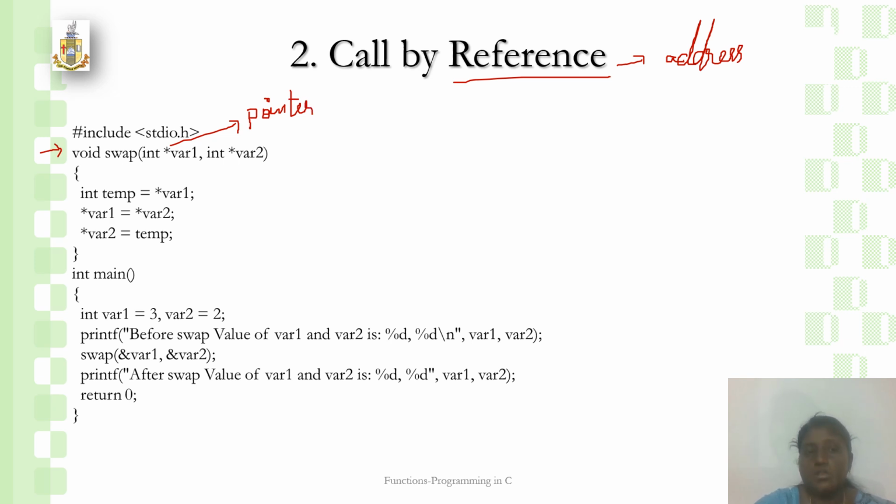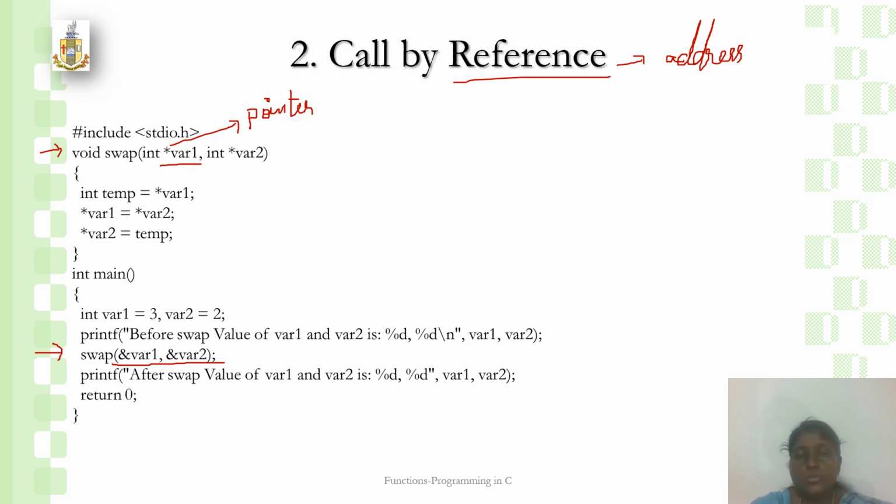Whenever a variable is declared with the star operator, that is an asterisk symbol, it is a pointer variable. So here we are swapping the variables, and in the main function, what we are going to do here is specify this with the ampersand symbol, which means the address symbol.